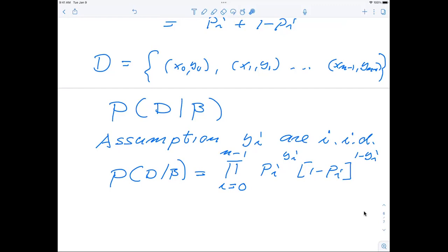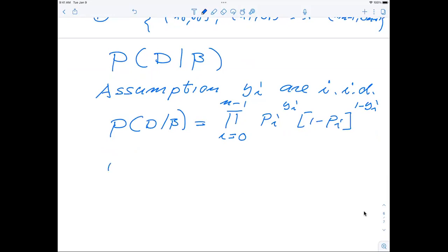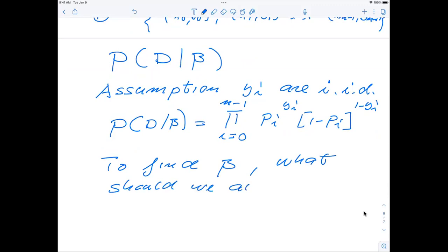Now, what would you prefer? When you want to find the parameters beta, would you like to have maximum probability or minimum probability? When we now want to find beta, which best describes the data, what should we aim at in the optimization?